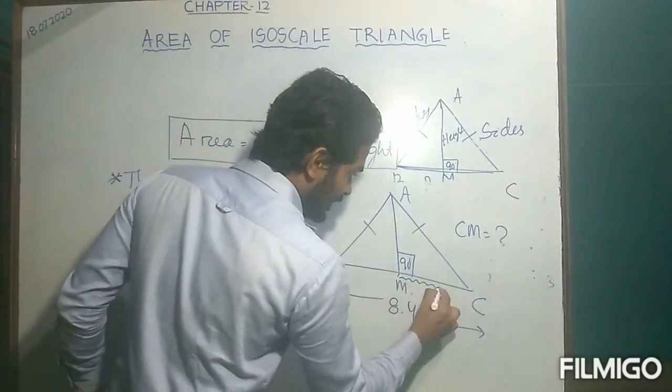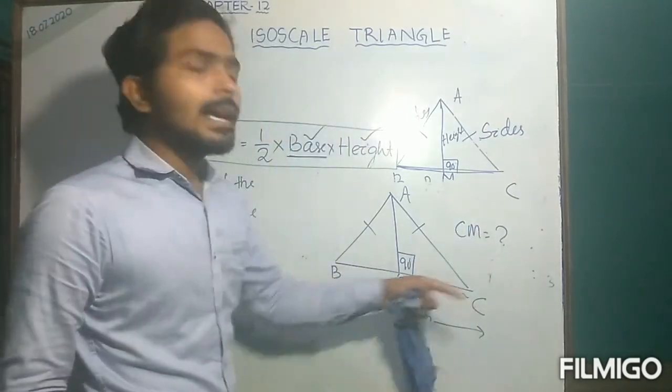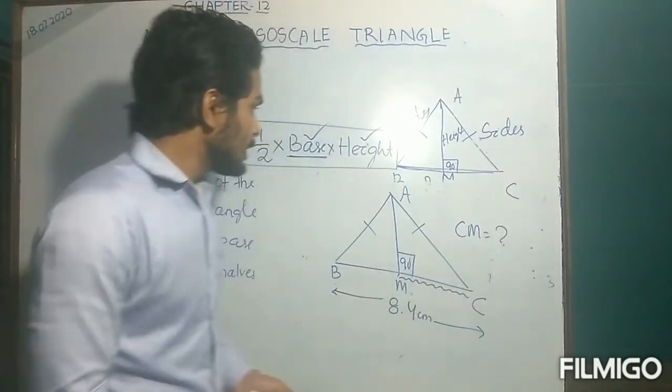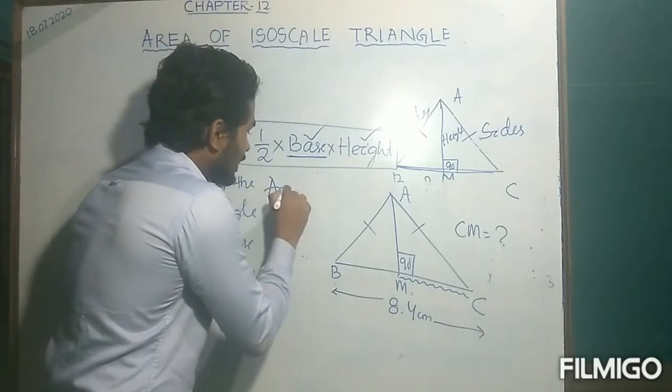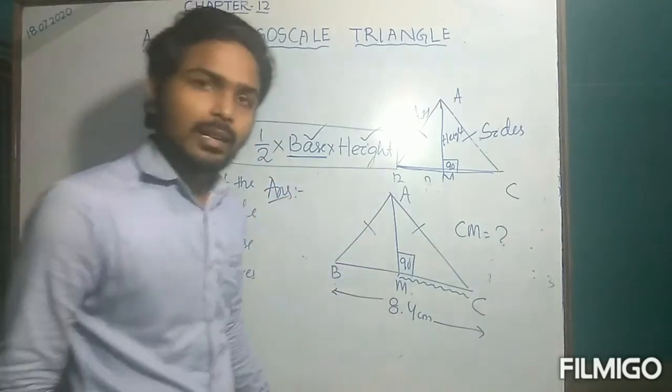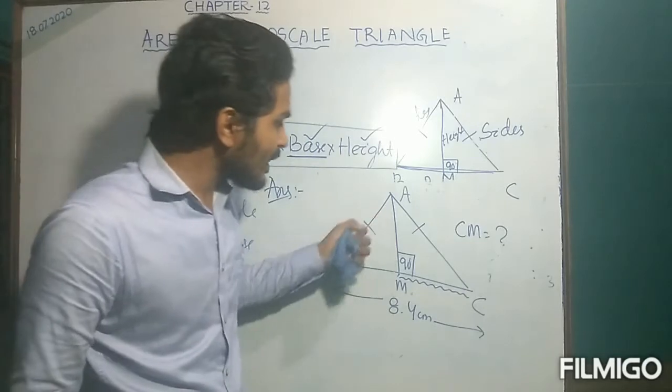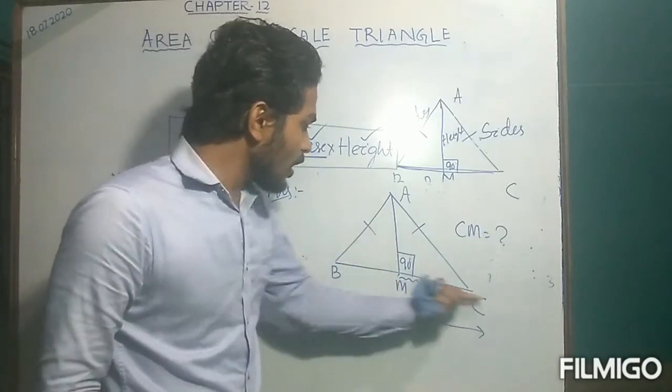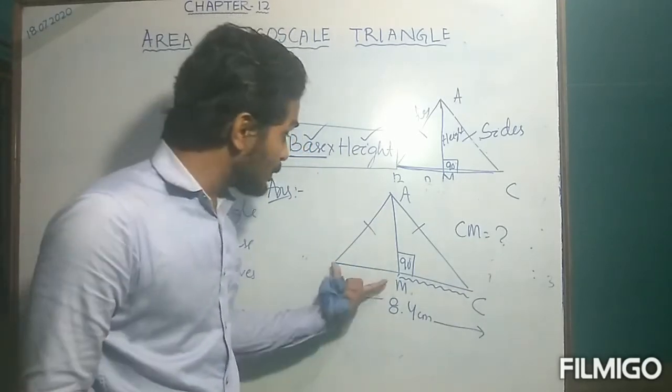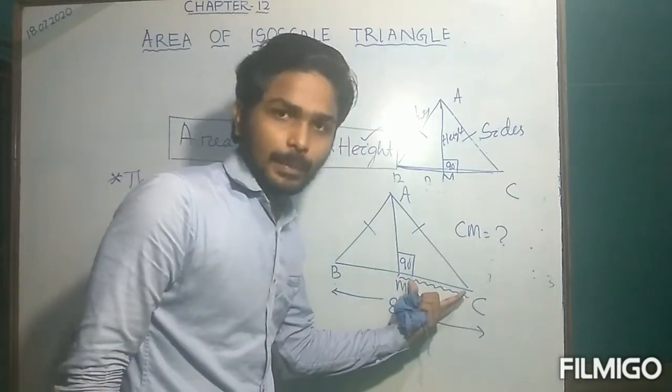We need to find this part, CM. How? Since it is an isosceles triangle, for any isosceles triangle, the height cuts the base into two equal halves. That means BM is equal to CM.